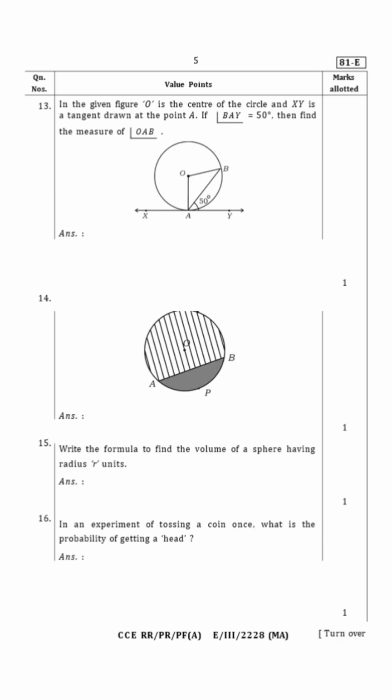Now the 13th question. In the figure, O is the center of the circle. XY is a tangent drawn from the point A. This one is the tangent. This one is the radius. If angle BAY is 50 degrees, then find the measure of angle OAB. We already know that angle OAY is 90 degrees.